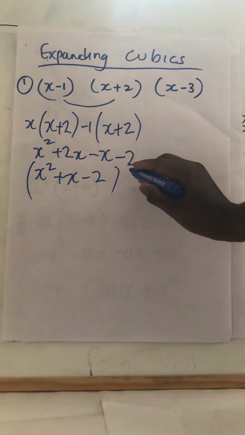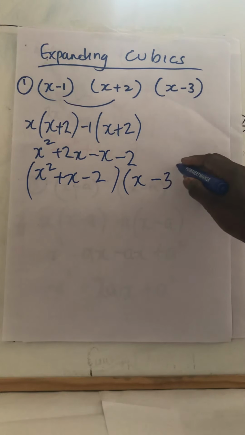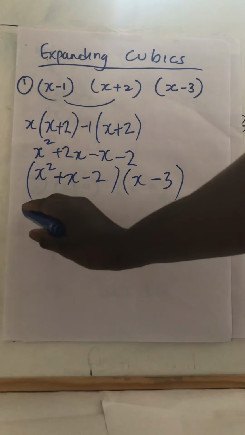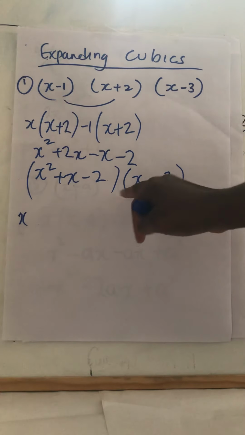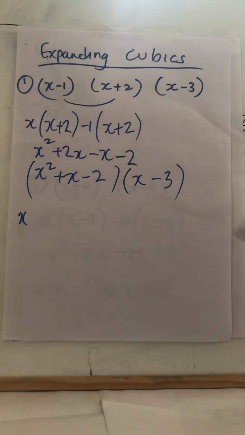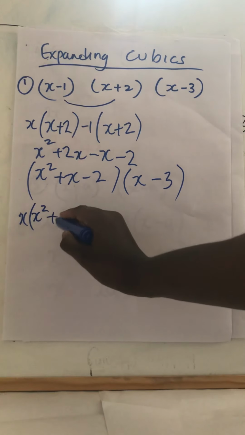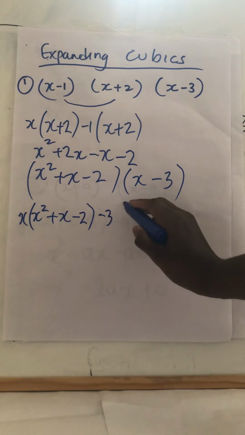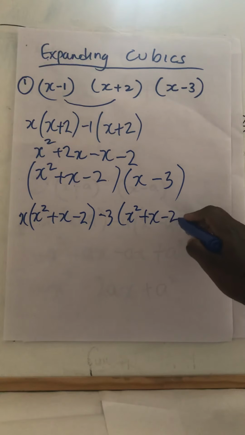So I'll be using my answer to multiply the third one. So I'm going to do x. It is easier if you use the small one to multiply the big one. x squared plus x minus 2, minus 3 times x squared plus x minus 2.